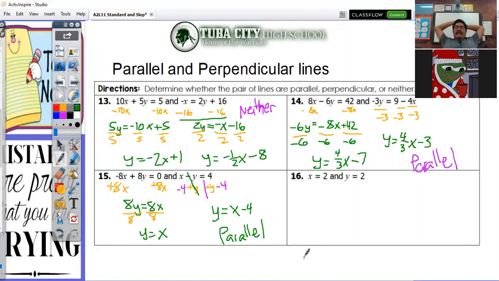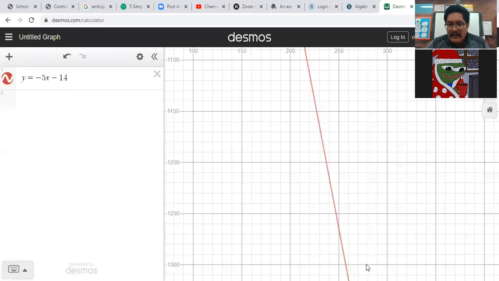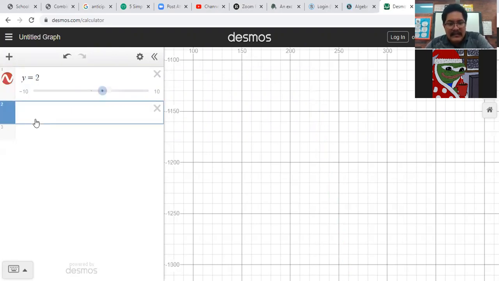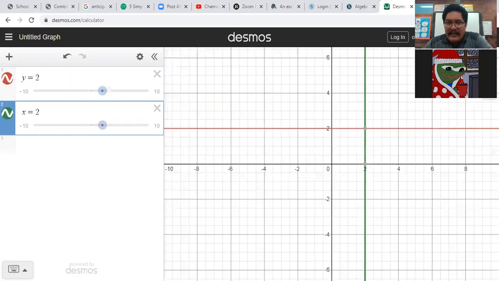And with this last one here, well, okay, so if you can, you can also graph it. So graphing it, x equals 2, y equals 2. So y equals 2 and x equals 2. All right, so in this case, I had a different graph on here already.